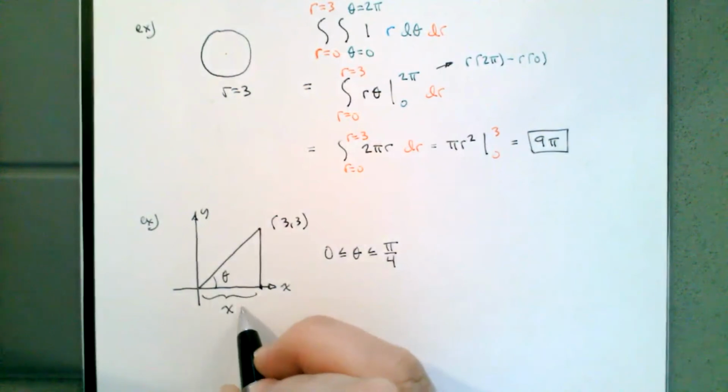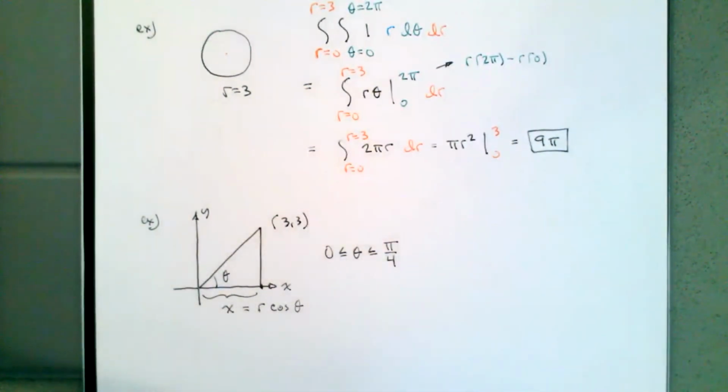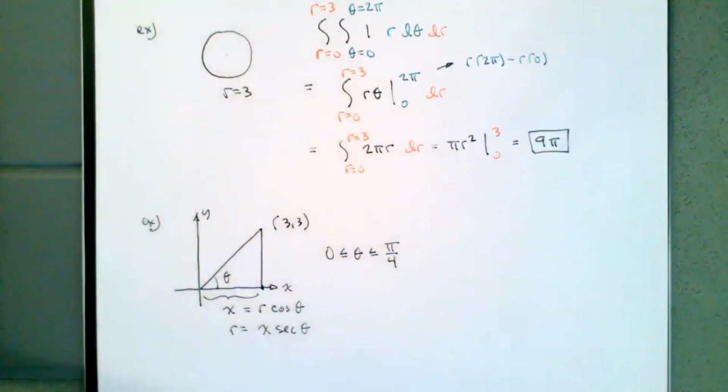So since x is equal to r cosine theta, if I solve this for r, it's x over cosine theta. So my radius starts off at x secant theta and then goes up to 3.